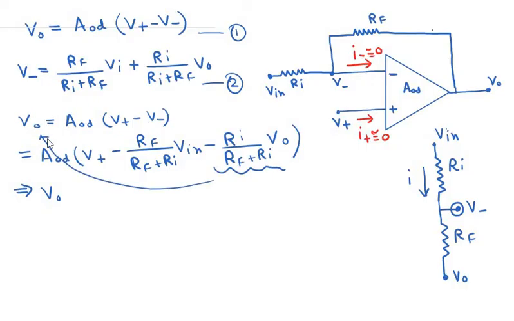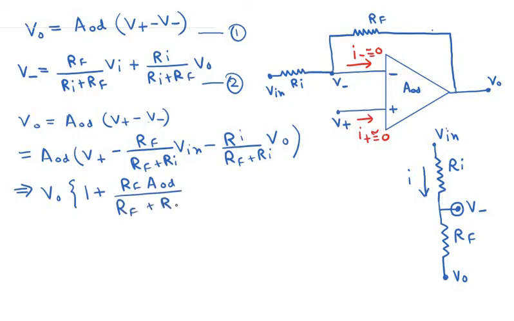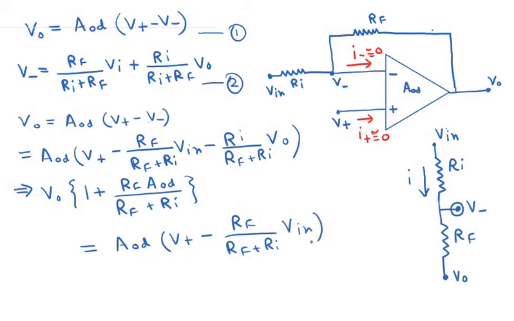So V0 times 1 plus Rf AOD divided by Rf plus Ri is equal to AOD times V plus minus Rf divided by Rf plus Ri V in. Okay, now we divide both sides of this equation by AOD.